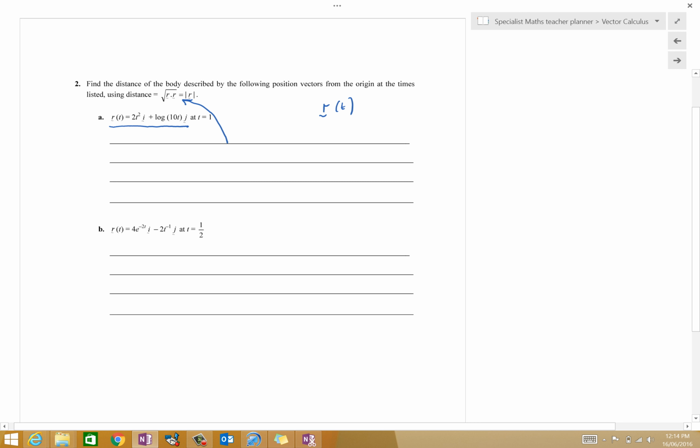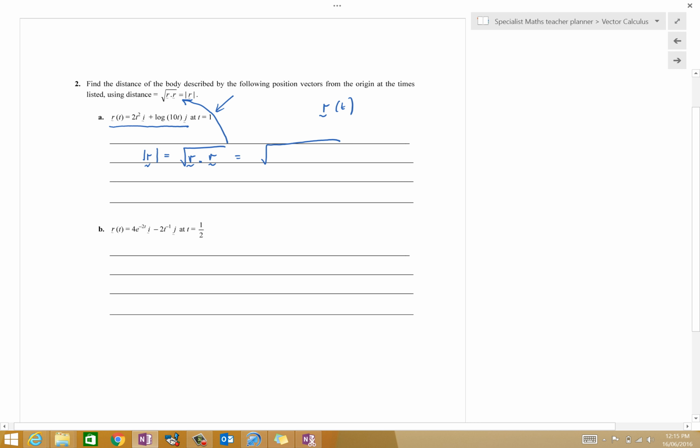It's given us this hint that the magnitude of r, which is the distance, is equal to the square root of r dotted with itself. Remember the dot product? If I'm dotting something with itself, then we know that i dotted with i is 1, and 2t squared dotted with 2t squared is 4t to the power of 4, but we're told that t equals 1.